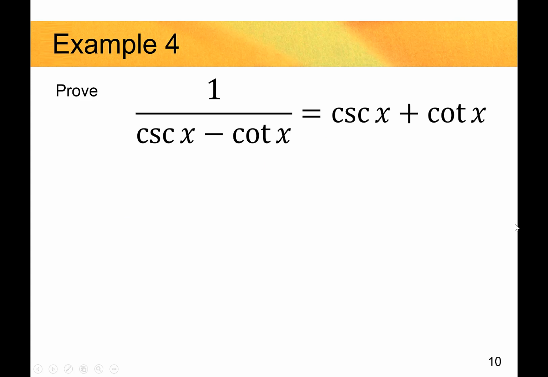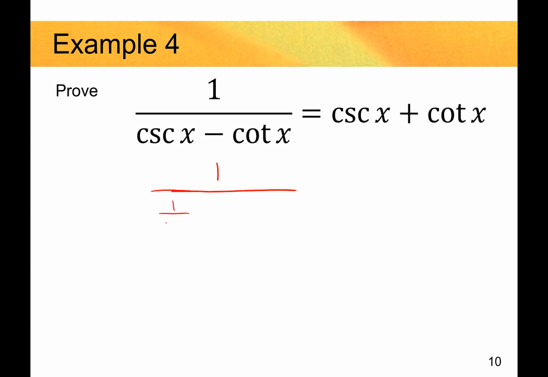Next we're going to start proving this: 1 over cosecant x minus cotangent x is equal to cosecant x plus cotangent x. So we have fractions on our hands here, so we're going to try to see how we can simplify that. Let's take the time to change everything into sines and cosines.